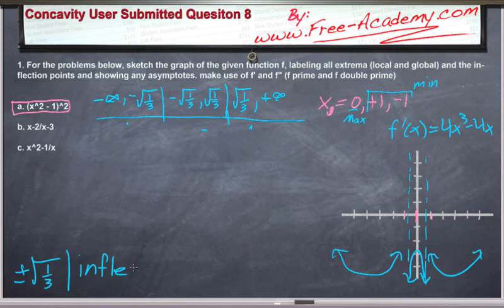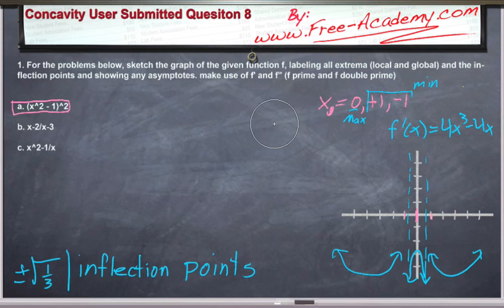Let me label that. Let me set up a new table here. We're going to go from negative infinity to negative 1, from negative 1 to 0, from 0 to positive 1, and from positive 1 to positive infinity.